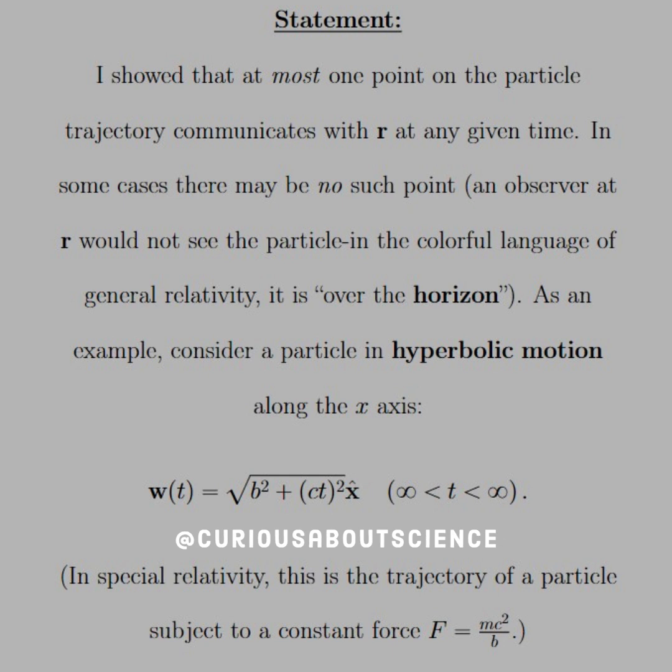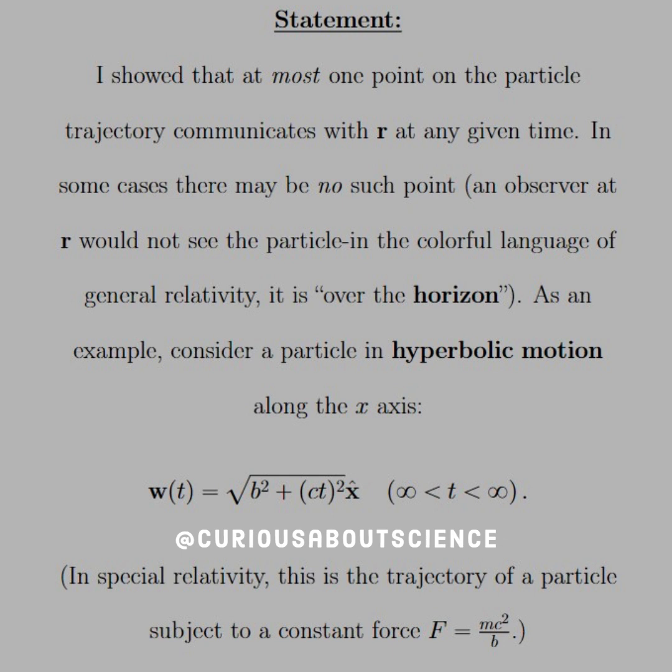So the statement is, I showed that at most one point on the particle's trajectory communicates with R at any given time. And in some cases, there may be no such points. An observer at R would not see the particle in the colorful language of general relativity.